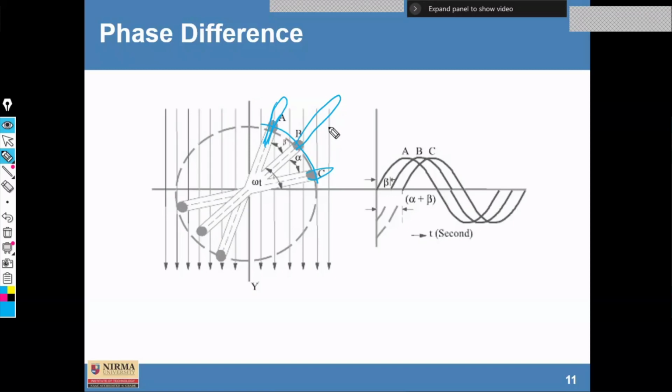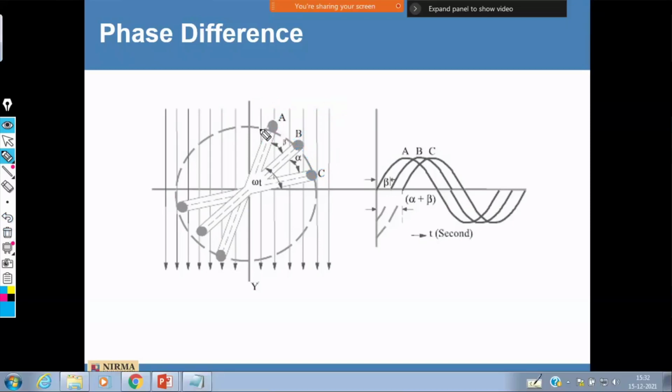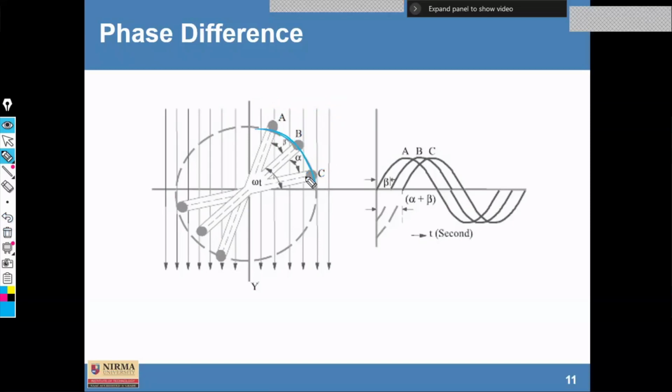Fine. But let us consider that these three different coils are same. It means their maximum value is same here. Maximum value, or we can say peak value, or amplitude, is same here in this case.